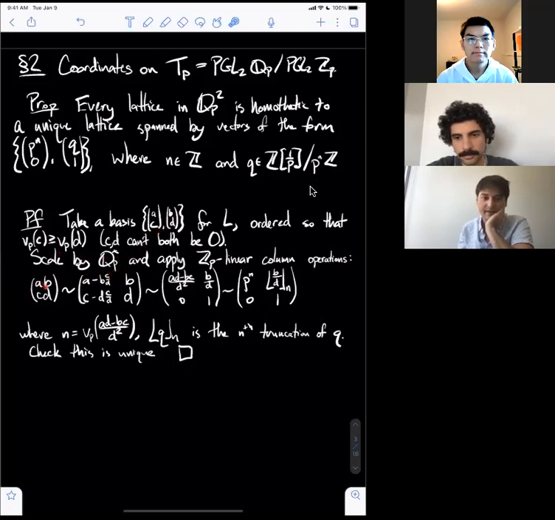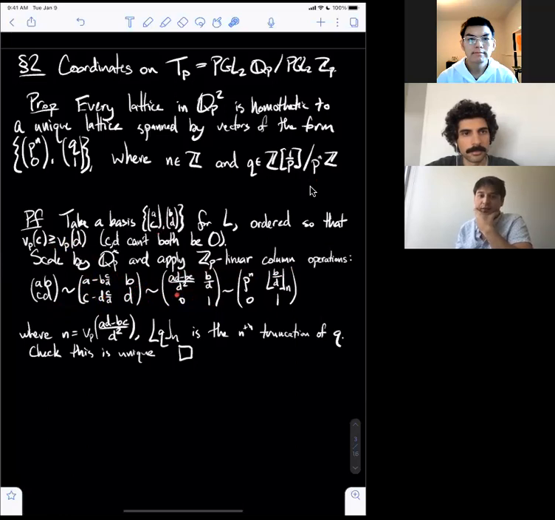And then we're allowed to modify the bases by doing Z_p-linear column operations. This says that C over D is a p-adic integer, and so we can do that Z_p-linear column operation of subtracting the C over D multiple of this guy from here. That gives us (AD minus BC) over D up here and a 0 down here. And we can scale the whole matrix by D, well, divide by D.